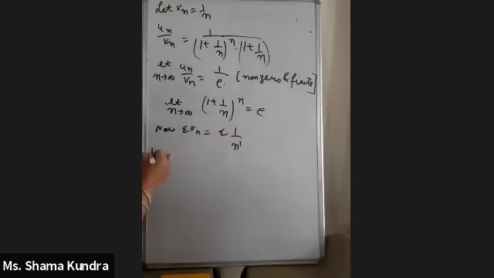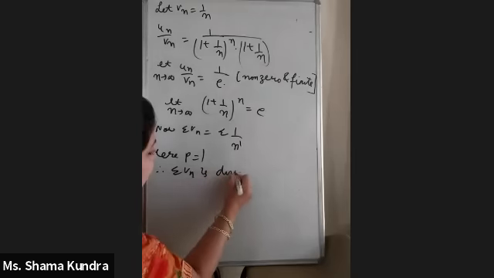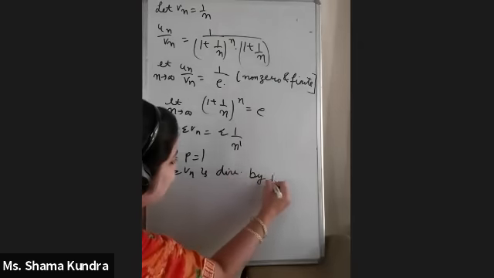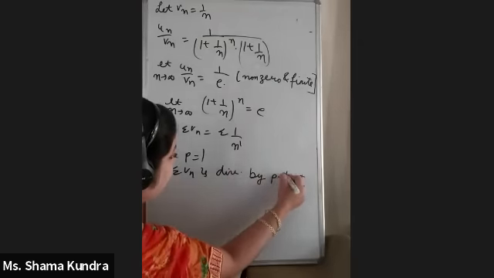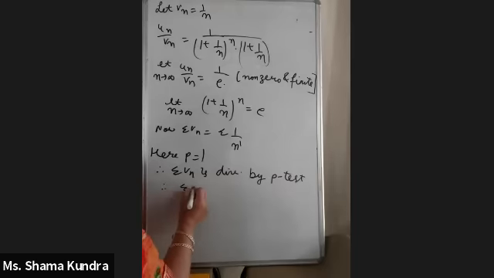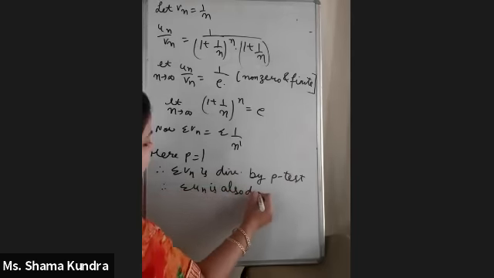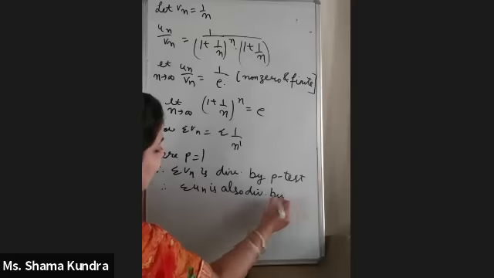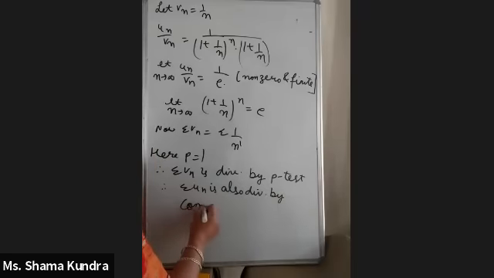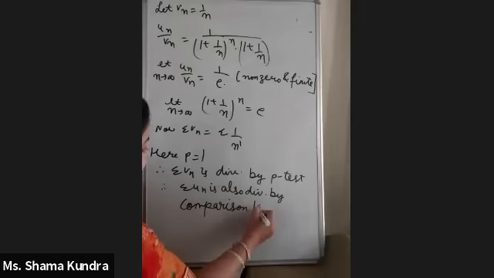Here p is 1. Therefore, series vn is divergent by p test. Therefore, series un is also divergent by comparison test.